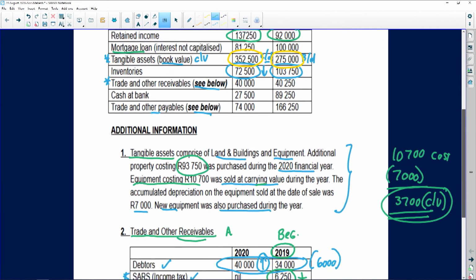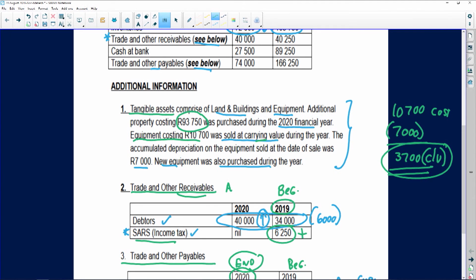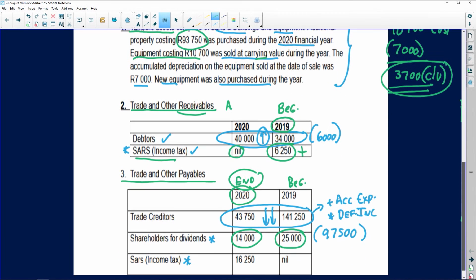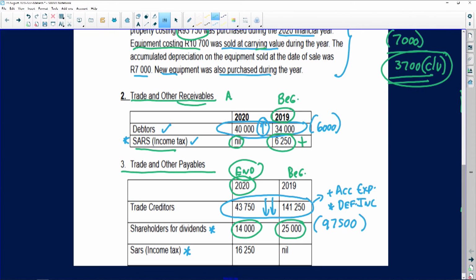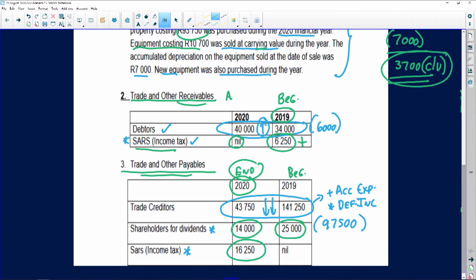So if we look at trade and other receivables, clearly SARS is not owing us money, which means we are owing the receiver. We are owing SARS at the end of the year. Trade and other payables, we are owing SARS an amount of 16,250. So that amount, 16,250, remember, still owing means that this money is staying in your bank account.